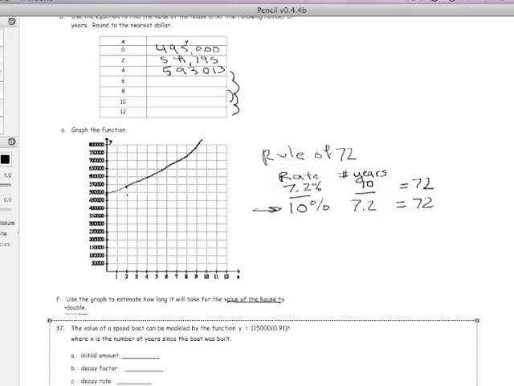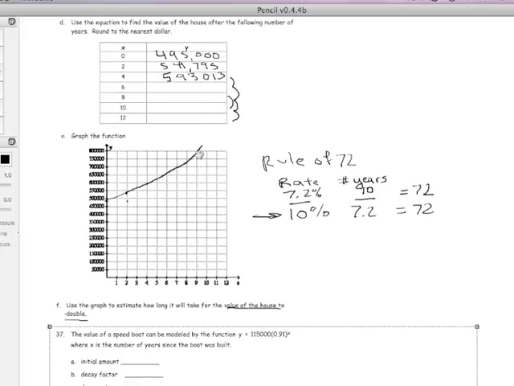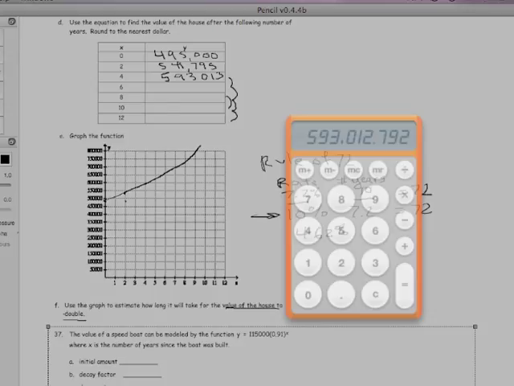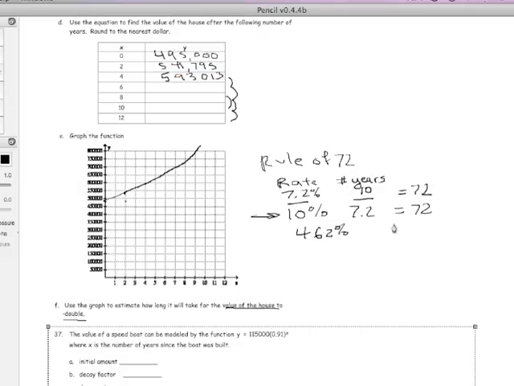So what do we have up here? We have 4.62%. The number of years it would take to double, we would have to divide 72 by 4.62, and that would be between 15 and 16 years.